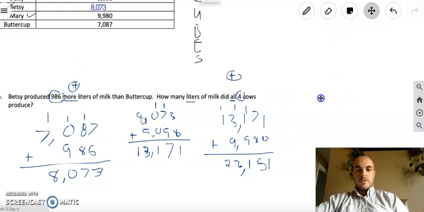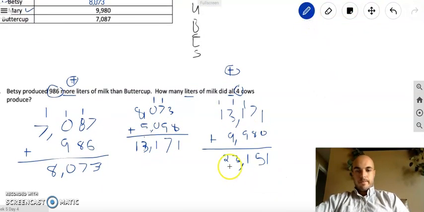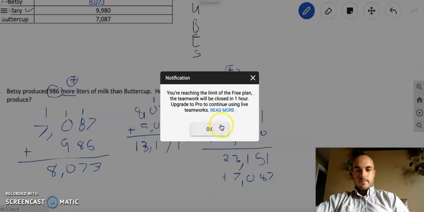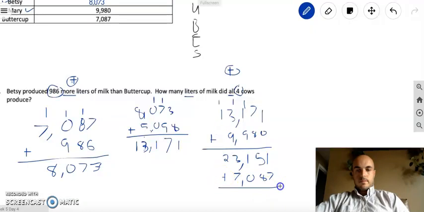And I've got a little room underneath it, so I'm just going to do it there. 7,087 for our Buttercup. Okay, 1 plus 7 is 8. 5 plus 8 is 13. Carry the 1. 1 plus 1 is 2. 3 plus 7 is 10.